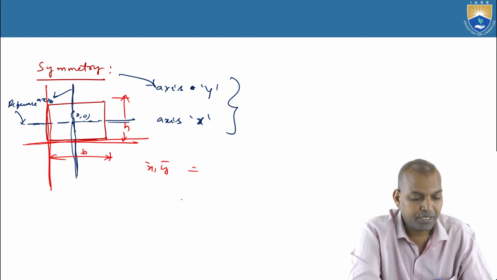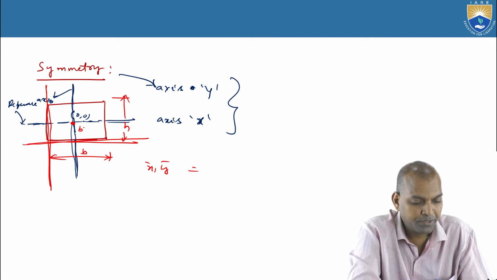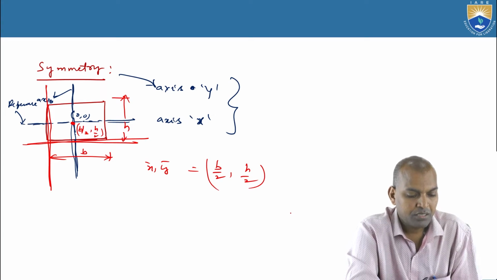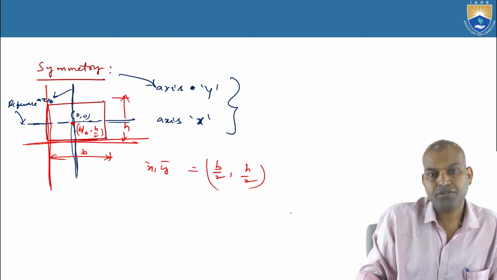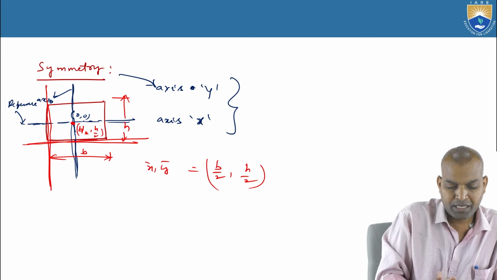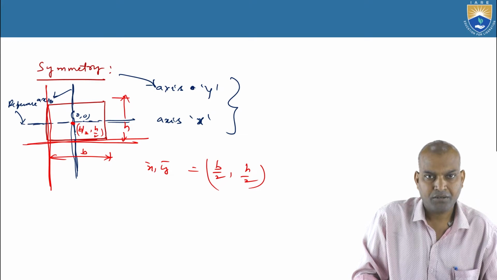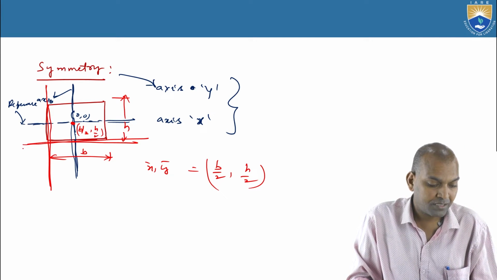Then what is the centroid distance? It becomes B by 2 comma H by 2. The centroid is at a distance of B by 2 for bar x and H by 2 for bar y. These are the two reference axes.